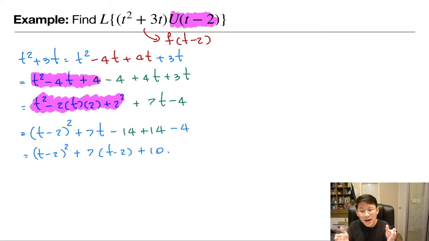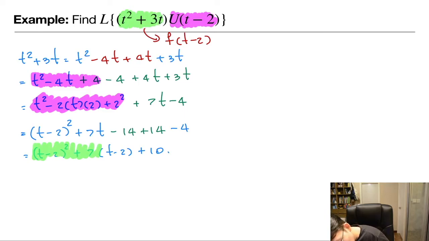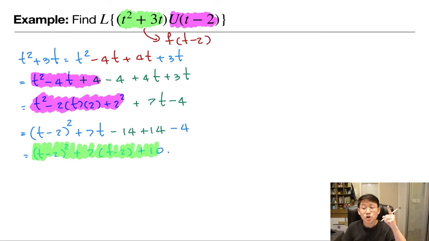Okay, so right now, that guy in green is now a function of t minus 2.